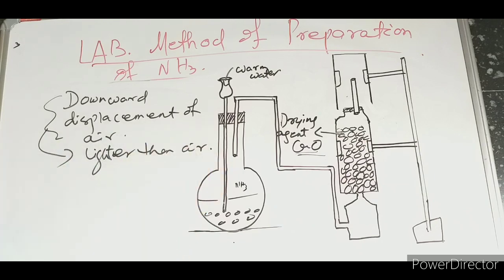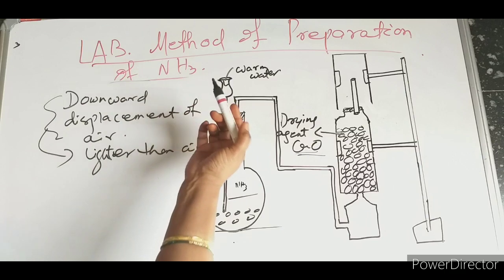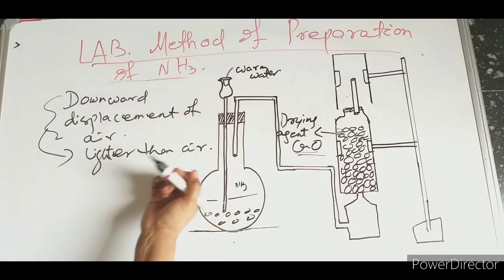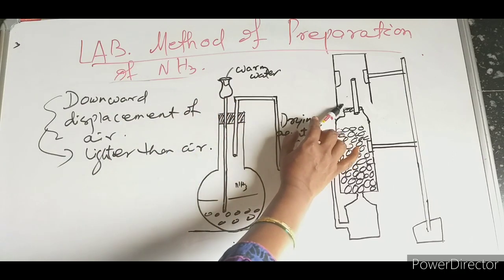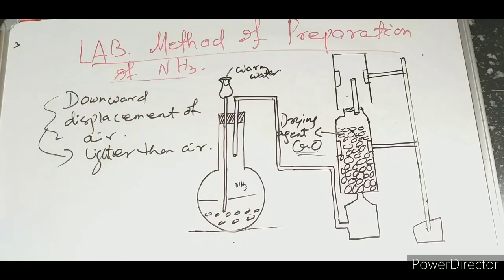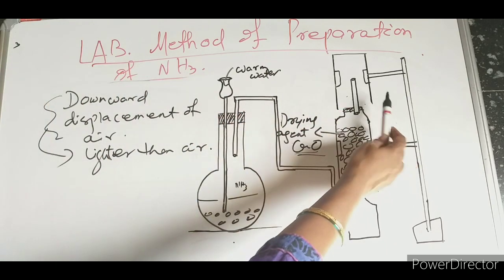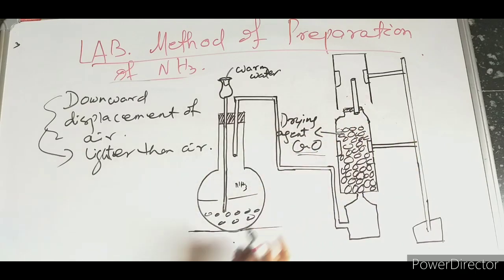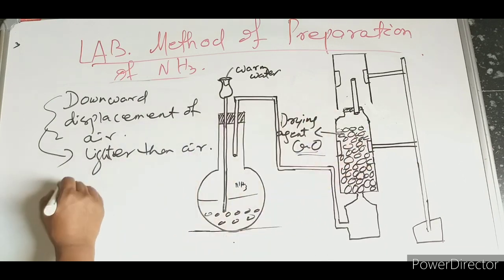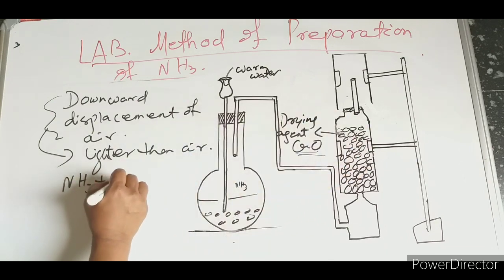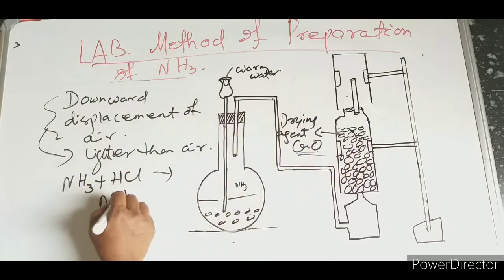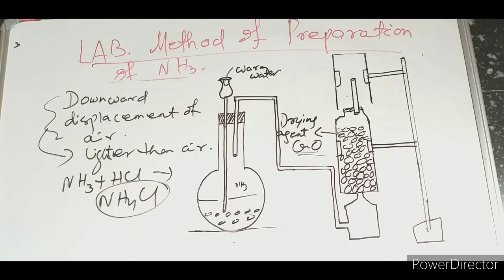Clear? And how to know that this jar is filled? A glass rod dipped in HCl, hydrochloric acid, can be brought near it. If dense white fumes are seen, then the jar is filled, because ammonia with HCl gives rise to ammonium chloride.